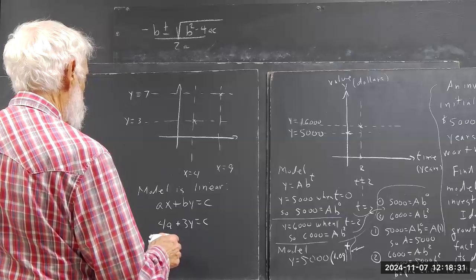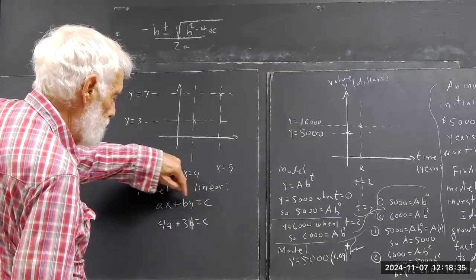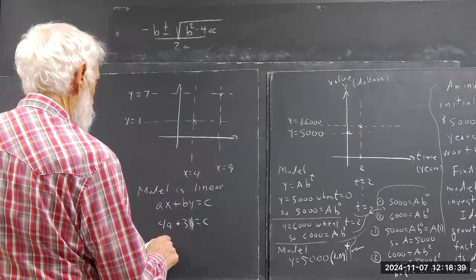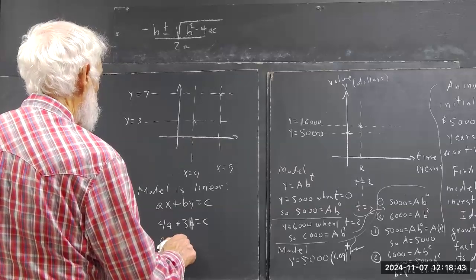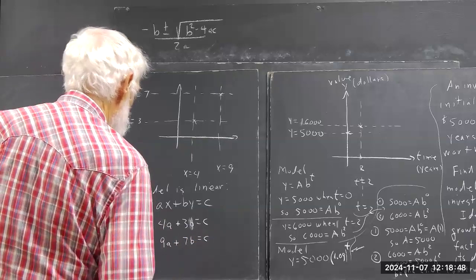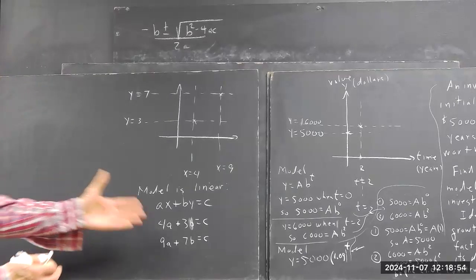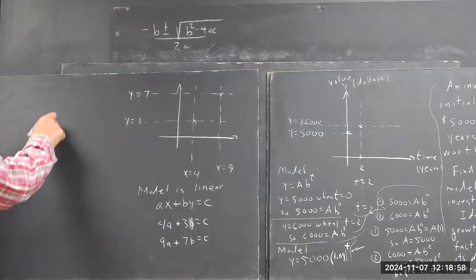And then you could get, that's b. Y is 3, so you have b times 3, which is 3b. The second point, you're going to get 9a plus 7b equals c. Okay? Now that's how you plug in 2 points into a model.